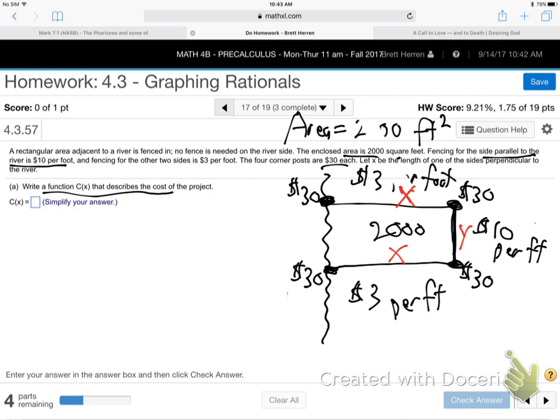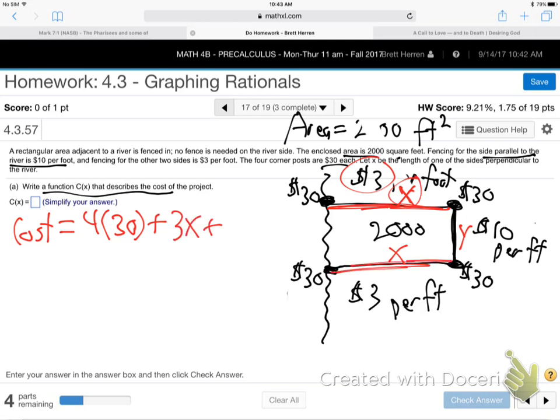Well, first off, let's write the cost function. So the cost will be, how about 4 times 30 for the 4 corner posts? That's $120, right? Now, how much is this piece of fence going to cost? Well, it's $3 a foot times X feet, 3X. How much is this piece going to cost? Another 3X. How much is this going to cost? 10Y.